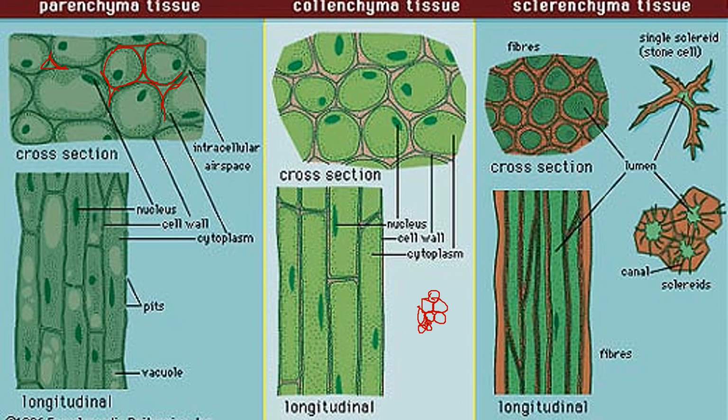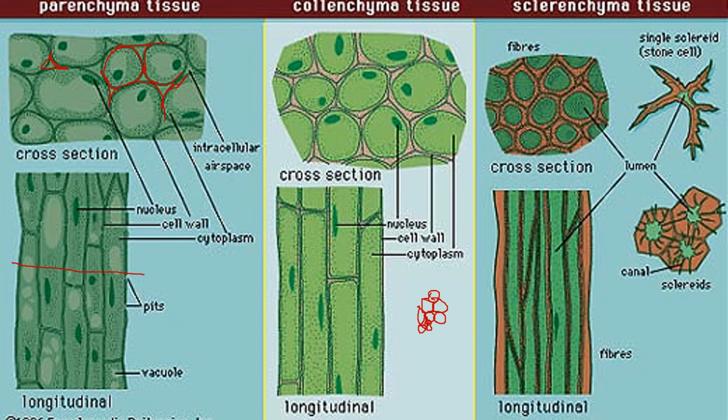Now what you see on the top is a cross section, that is when you cut it across, and what you see down is the longitudinal section, that is when you see it sideways. So if you want to see a cross section of this, then it is cut like this. The top one is a cross section, and the second one down is the longitudinal section of parenchyma. So please be alert in doing the diagrams.